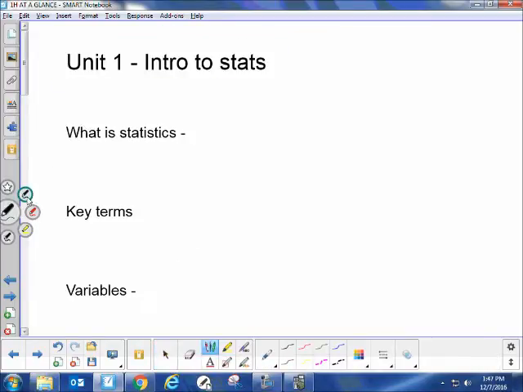It's the introduction to statistics. And what is statistics? It's kind of like the science of analyzing data. I'm actually going to type that. Okay, so collecting, analyzing. There's the statistical process where we ask a question.